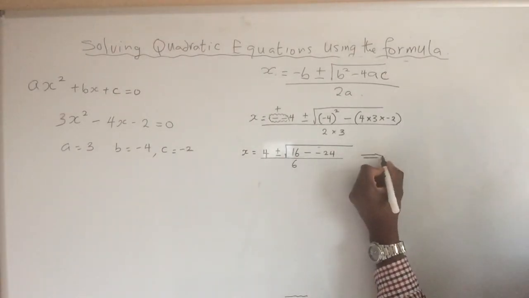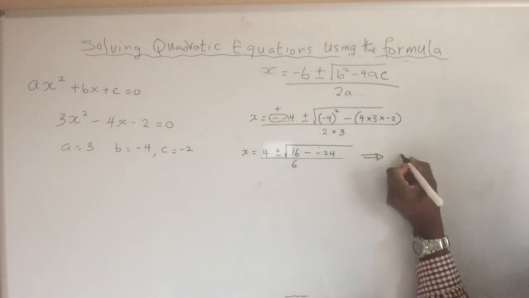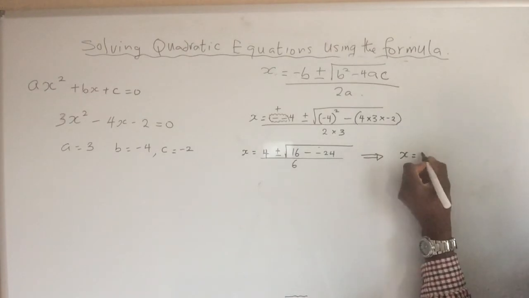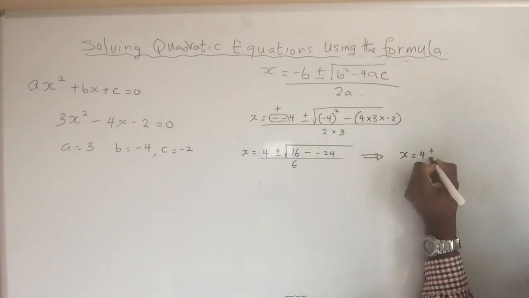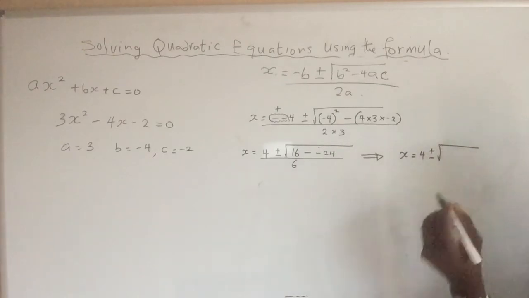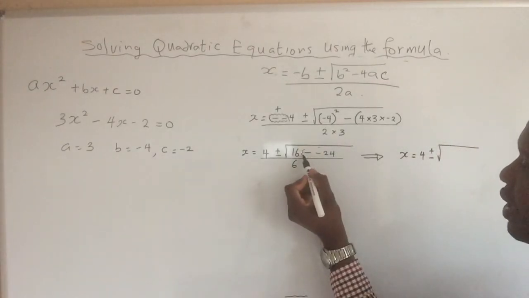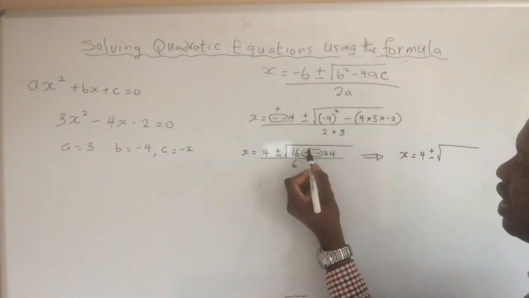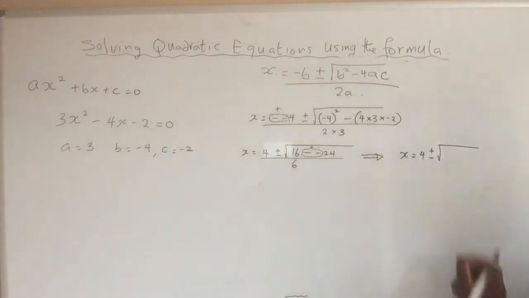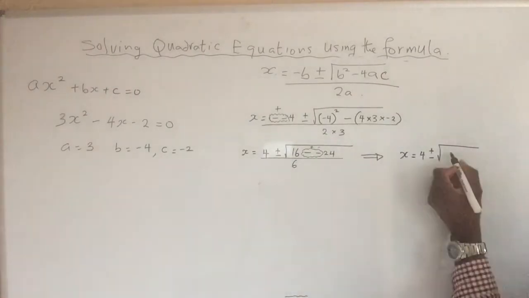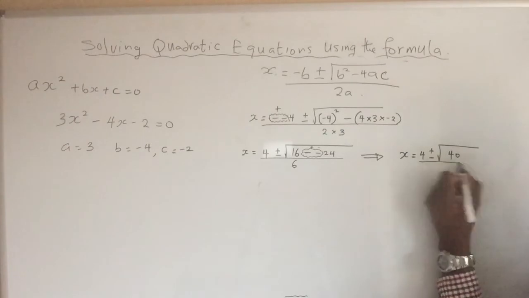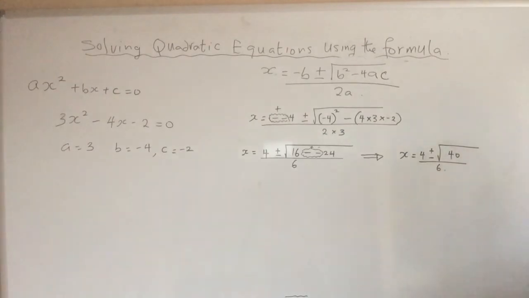which I can continue to solve here as x equal to 4 plus or minus the square root. Again, remember, negative and negative becomes a positive. So we have to add those two together to make 40, all divide by 6. The next job for you to do would be to find the square root of 40.